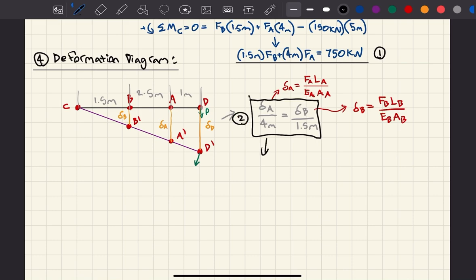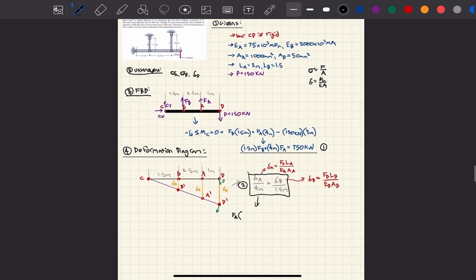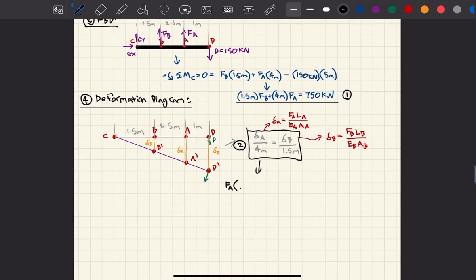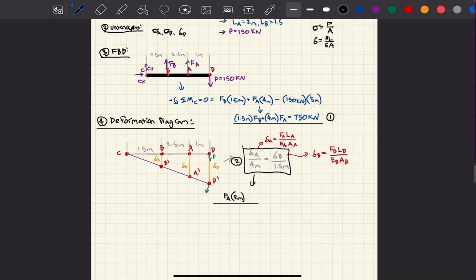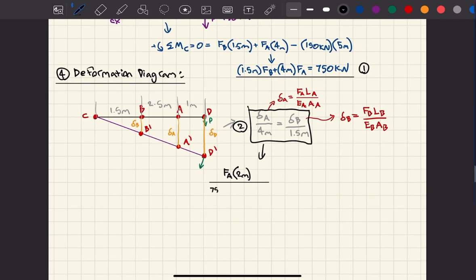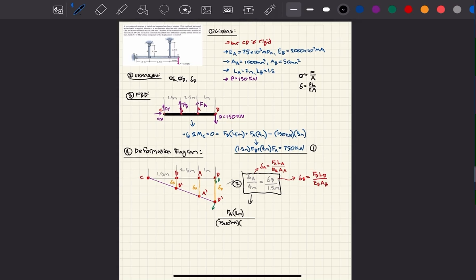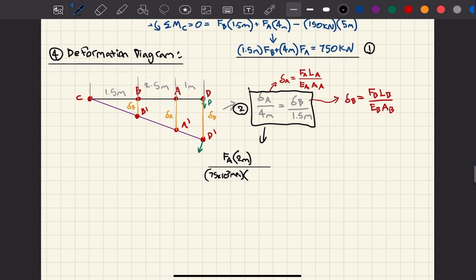Okay, so basically I'm going to get that my force A multiplied by the length of bar A, if I remember correctly, it's 2 meters, divided by the elastic modulus of bar A, which is 75 times 10 to the power of 3 megapascals, multiplied by the cross-sectional area of bar A, which is 1,000 millimeters squared.